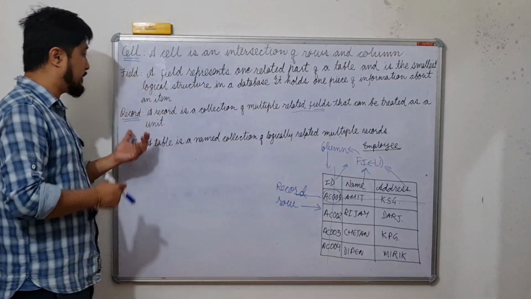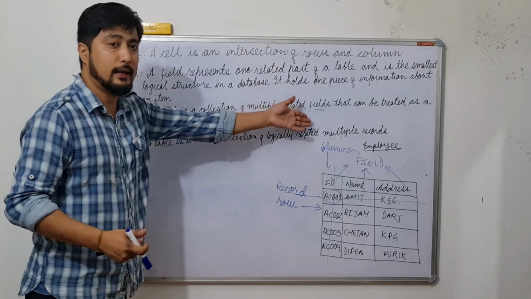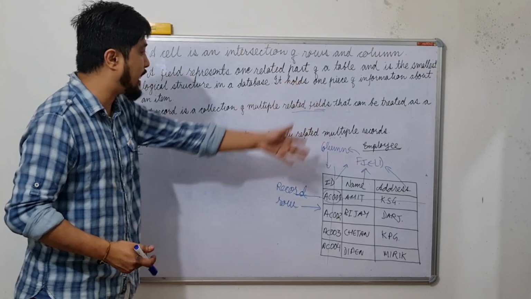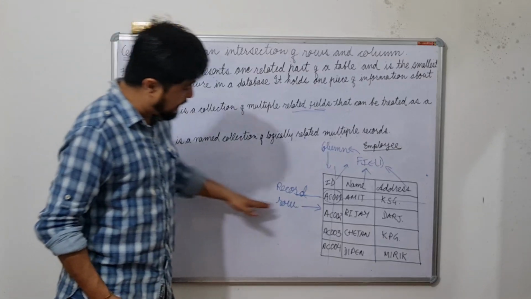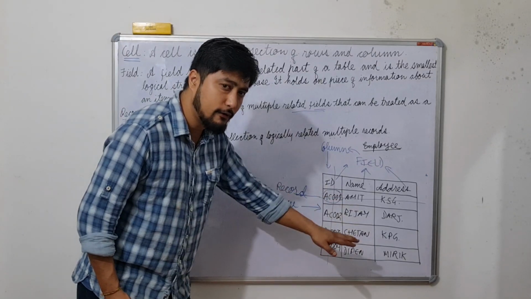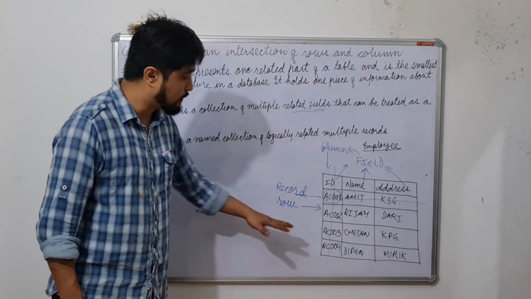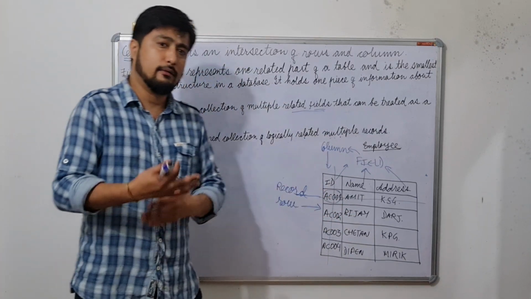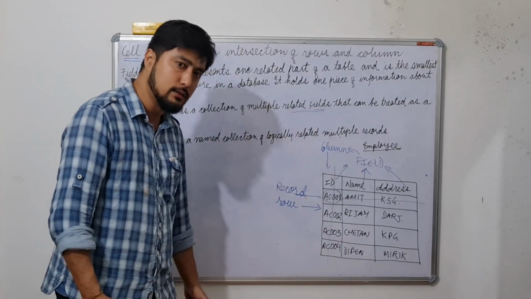So we say that a record is a collection of multiple related fields, and it can be treated as one single unit. How many rows are there? There are 4 different rows. So we can say that record represents a row, and field represents a column.